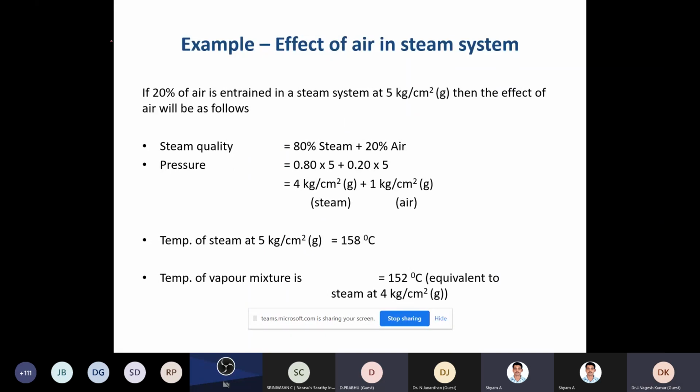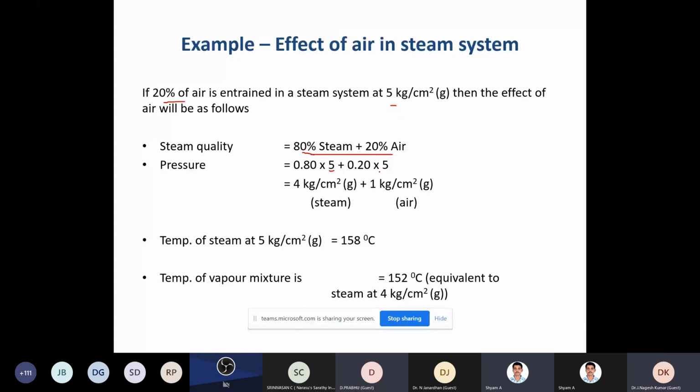And if there is a mixture of steam and air, you can see the impact. So 20% air is entering the system at 5 kg per centimeter squared. So 80% steam, 20% air. So this is the effective pressure you can see: 0.8 into 5 at 5 bar, and 0.2 of air at 5 bar.